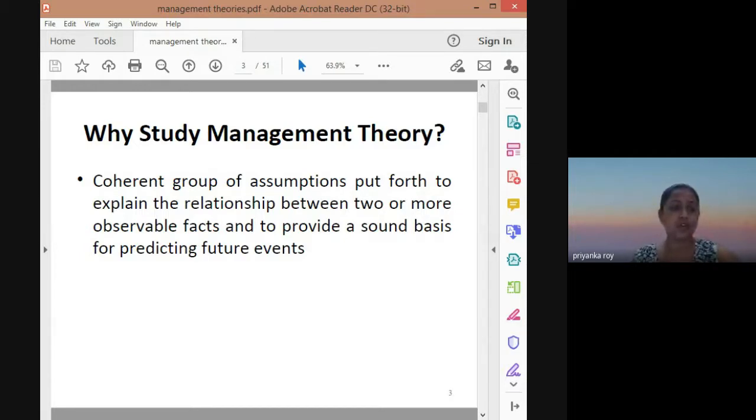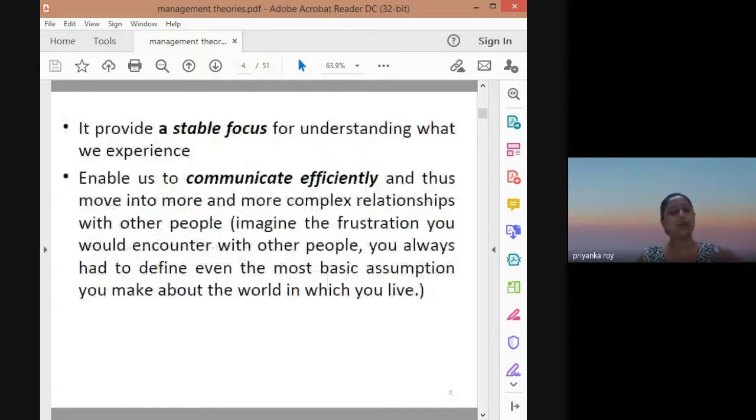Okay, so when we are trying to understand principles of management, we need to see what these theories are. So management theories are a collection of ideas recommended as general rules.